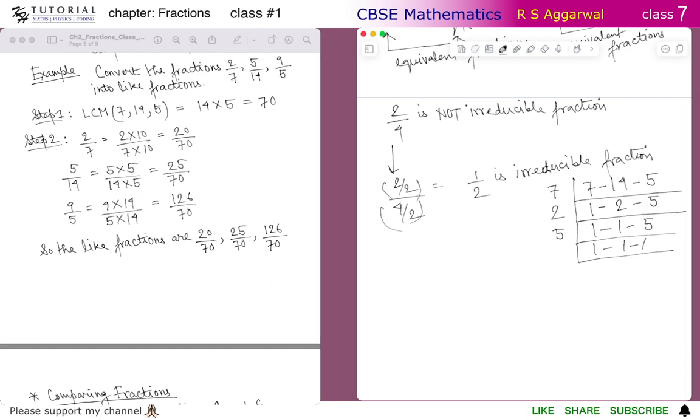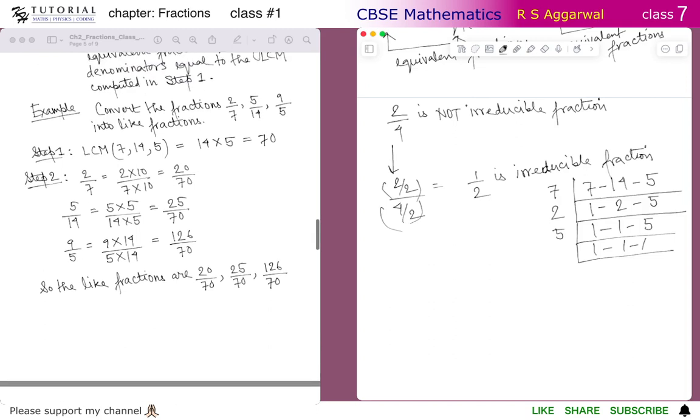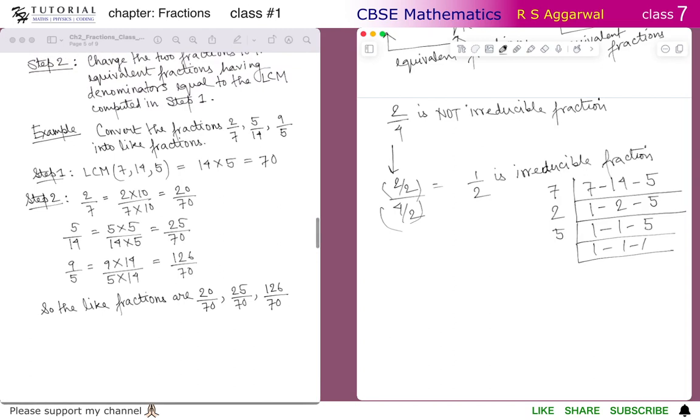So on the left hand side, the LCM of 7, 14, 5 becomes 7 into 2 into 5, which is basically 70. So you first find the LCM of the denominators. In this example, it becomes 70.